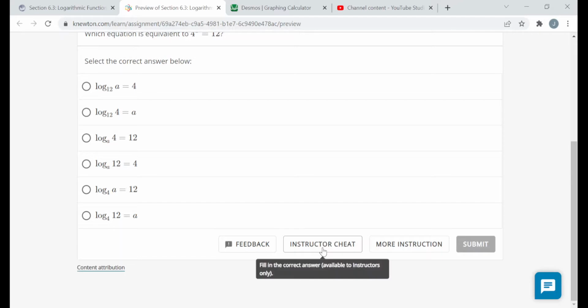You will not have this instructor cheat button. That's for instructors only. But you will have a more instruction button. If you're ever struggling with a topic, try clicking on this. It'll take you to a page with some reading or some videos to study. Then you can work on problems related to that instruction and get through the assignment that way.